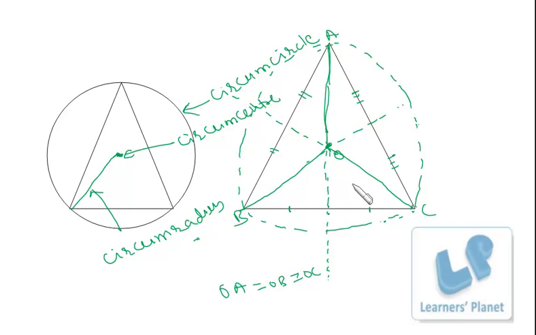Or in other words, from the circumcenter, the distance to the vertices, that is OB, OC and OA, will be the same and equal to the radius of the circle. That's pretty simple. Now the interesting part: sometimes this circumcenter may be inside the triangle, sometimes outside the triangle, sometimes on a side of the triangle, right?